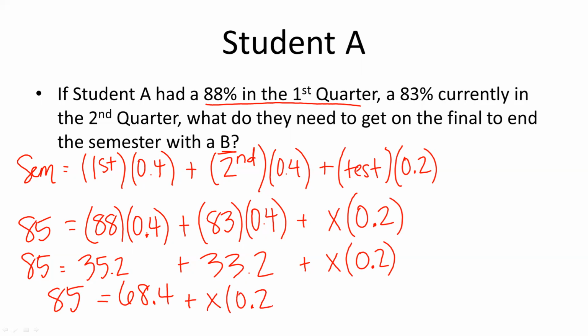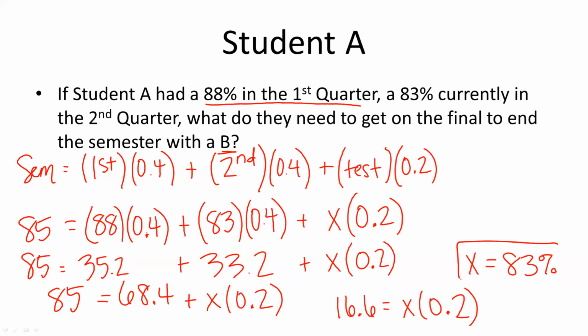So then next we would take 85 minus 68.4 and get 16.6 is equal to X times 0.2. So to get X by itself, we have to divide both sides by 0.2. So 16.6 divided by 0.2 is an 83. So what that means is student A needs to get an 83% on the final exam to get an 85% for the overall semester grade.